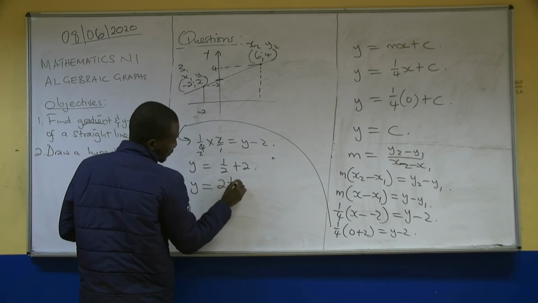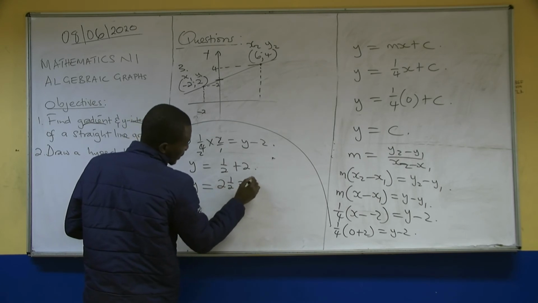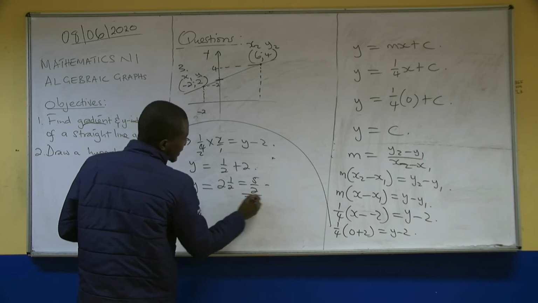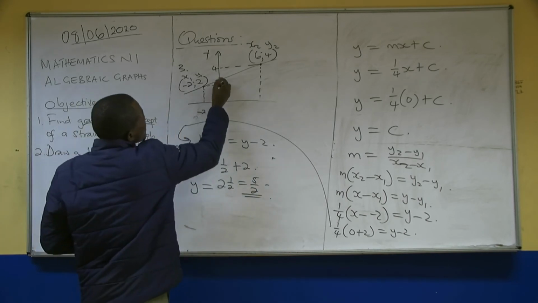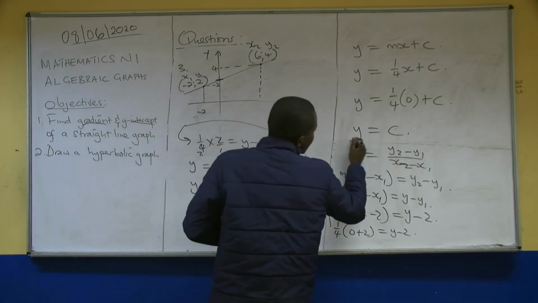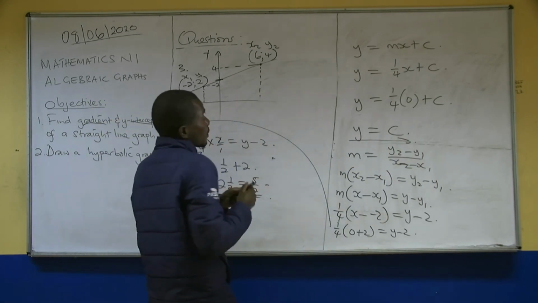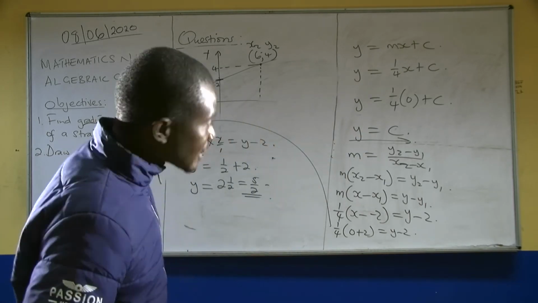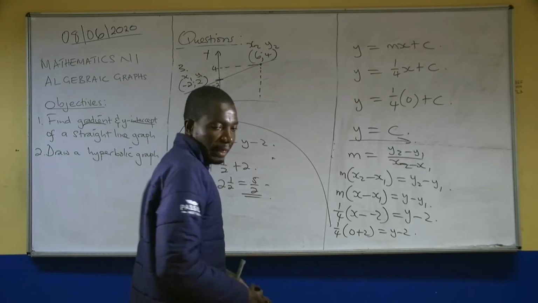So in other words, y will be equal to 2 plus half. We get 2 and half, or we can simply say it's 5 over 2. So this value means this point, because we said this y and that c, they will be equal from what we did here to prove.